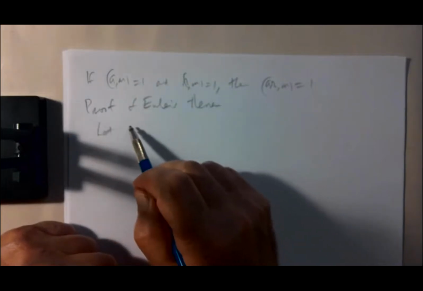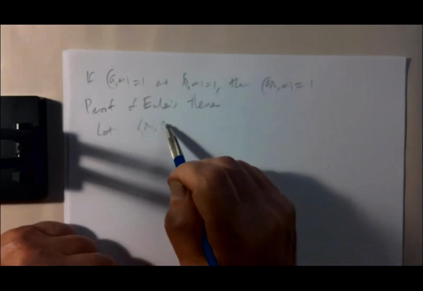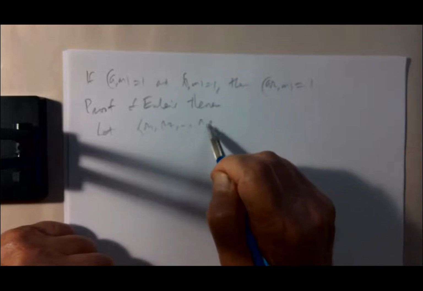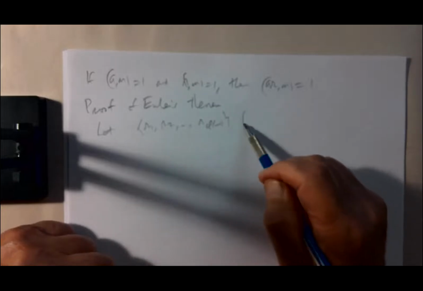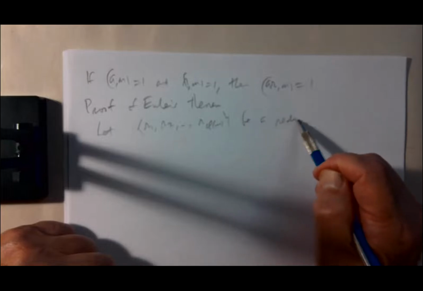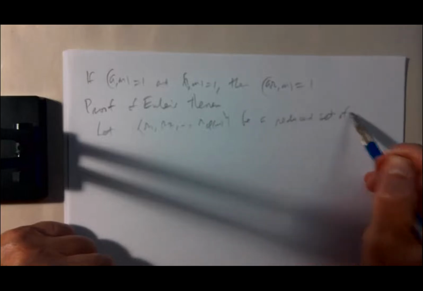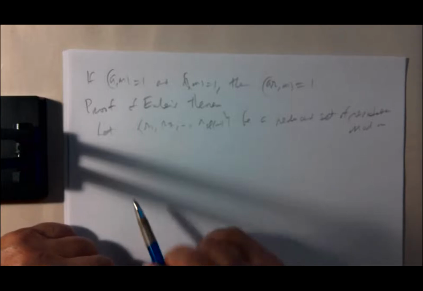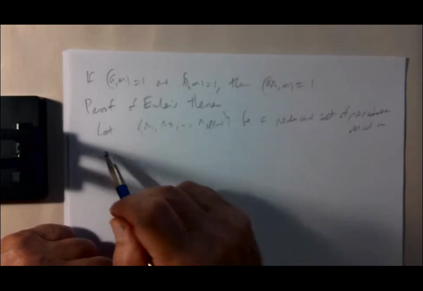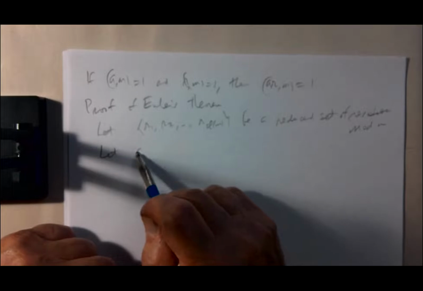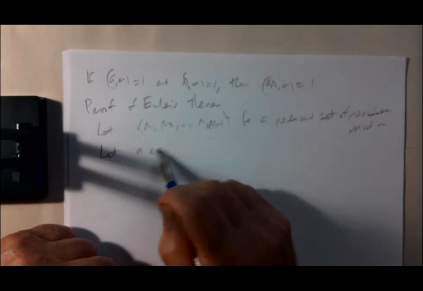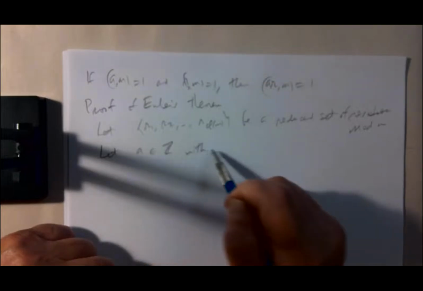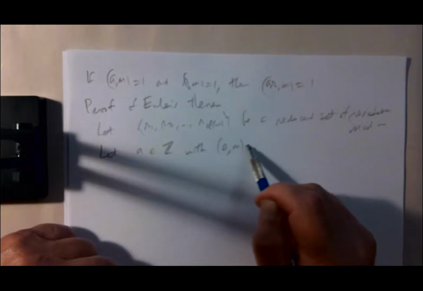Suppose we let R1, R2 up to R sub phi of M be a reduced set of residues mod M. Let A be an integer that's also relatively prime to M.